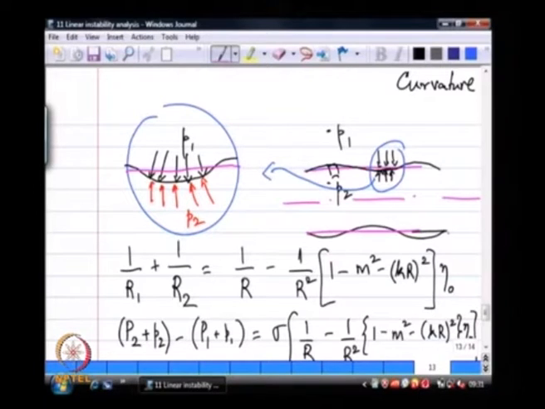Now, if I really have to write this force balance, if I have P2 as a function of r, theta, z and time, which I do, and P1 as a function of r, theta, z and time, which I also do, I have to evaluate this at the perturbed interface location, not at r equal to capital R. This unperturbed location is my r equal to capital R.